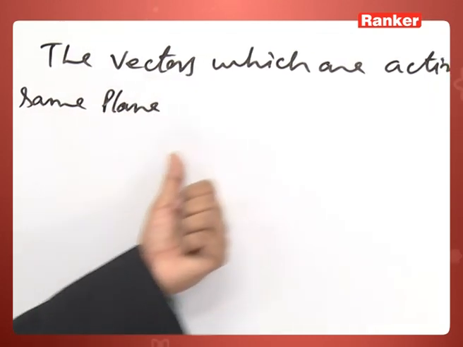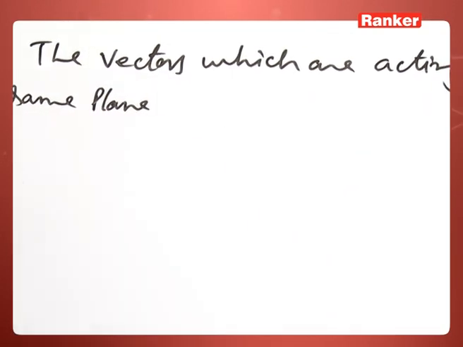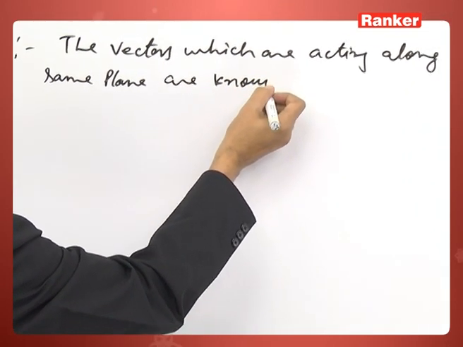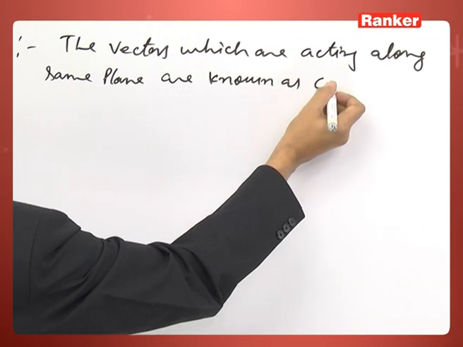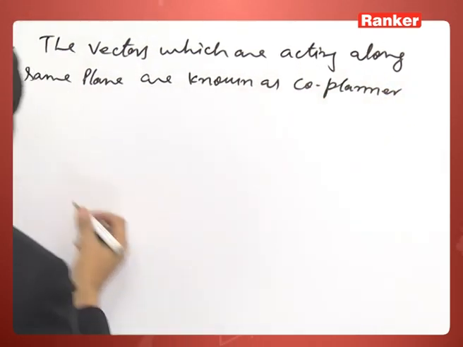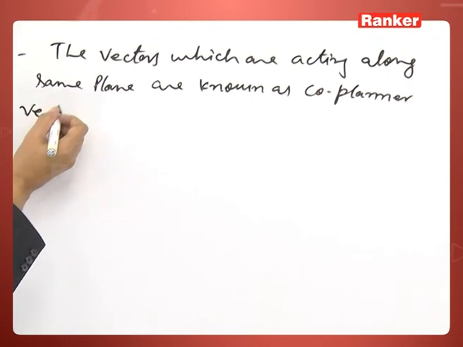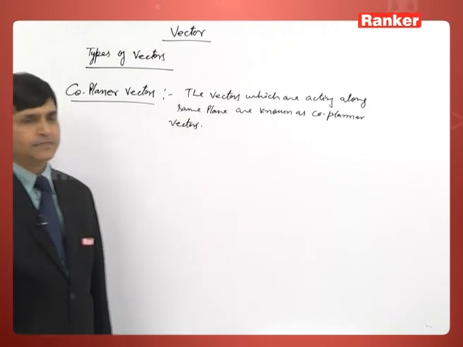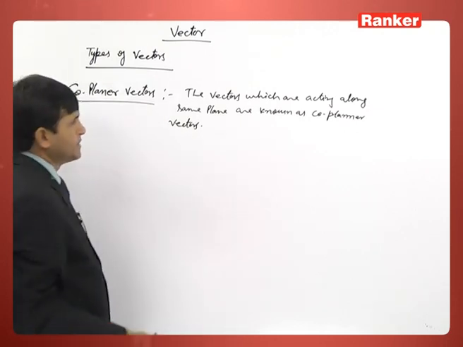The vectors which are acting along the same plane are known as coplanar vectors.